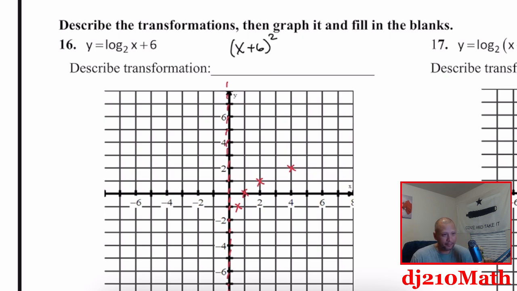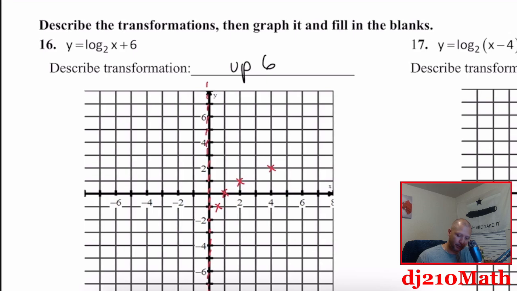Like if we were graphing this quadratic, it would shift to the left 6 because x plus 6 is the inside part. When it comes to logarithms, you have to be very, very careful because if you notice, there are no parentheses. And if there are no parentheses, then that is not the inside part. This plus 6 is actually moving it up 6.